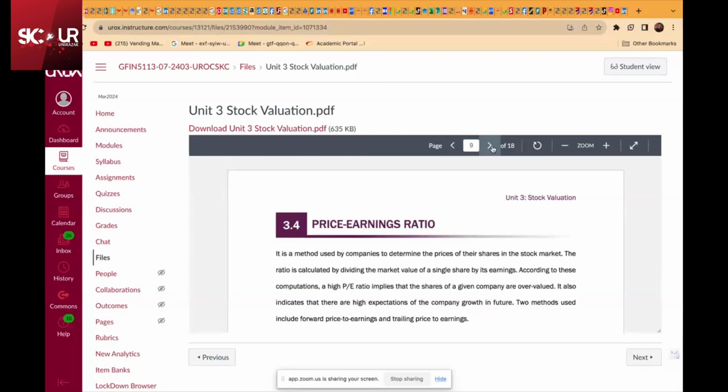According to this computation, a high price earning ratio will imply that the shares of a given company are overvalued. So we can calculate a price earning ratio by taking the share price divided by the earning per share.